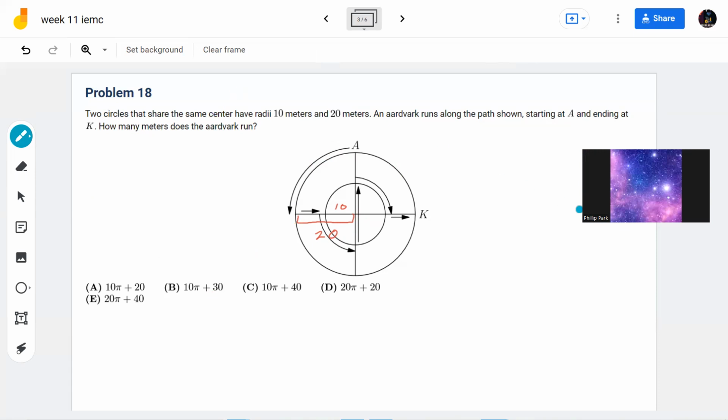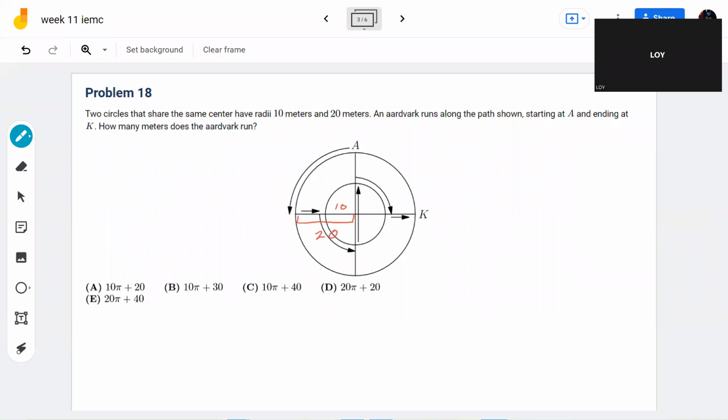Hello? Need some help with the question, or just give it a try. What's your idea of how we can solve this question with what we've learned earlier?